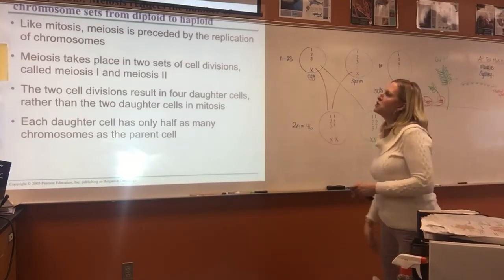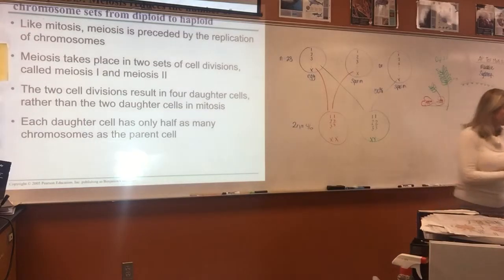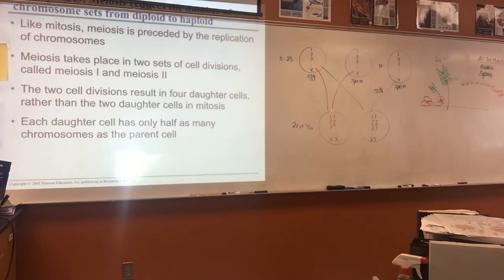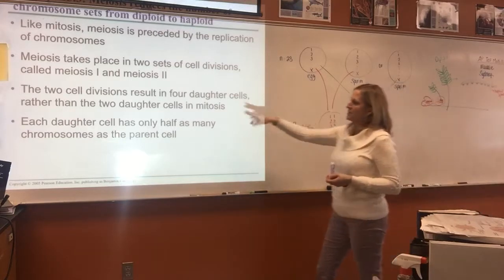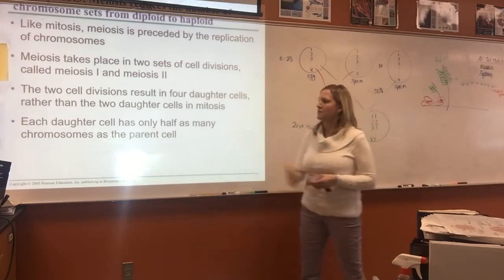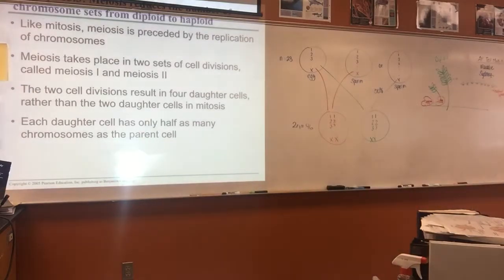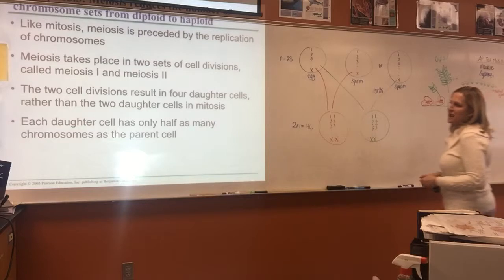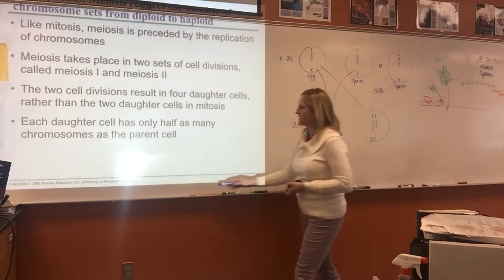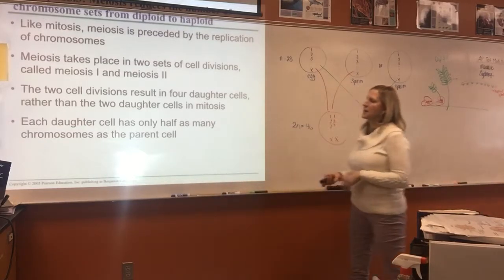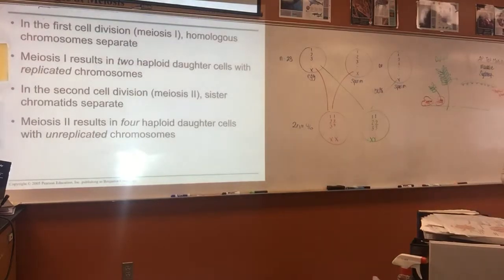It takes place in 2 sets of cell divisions, meiosis 1 and meiosis 2, and at the end you get 4 daughter cells rather than the 2 daughter cells at the end of mitosis. That's one difference. Each daughter cell has only half as many chromosomes as the parent cell, and that's another difference between mitosis and meiosis.